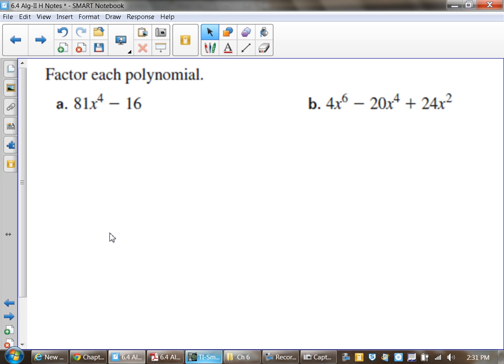What's the square root of 81x to the 4th? 9x squared. Okay. Is 16 a perfect square? What's the square root of it? 9x squared minus 4. Is this a subtraction symbol? So this is also a difference of squares, which means your two terms would have been 9x squared plus 4 and 9x squared minus 4. And I'm still not done. Can I factor both of those?